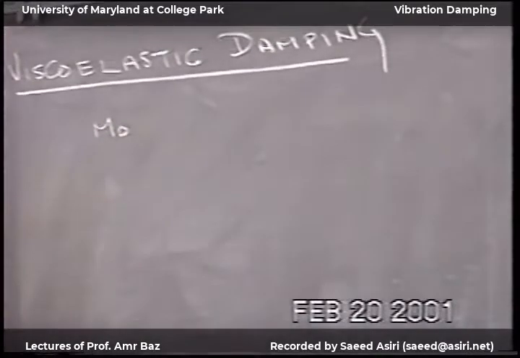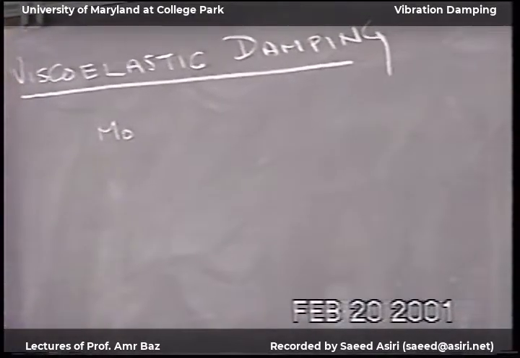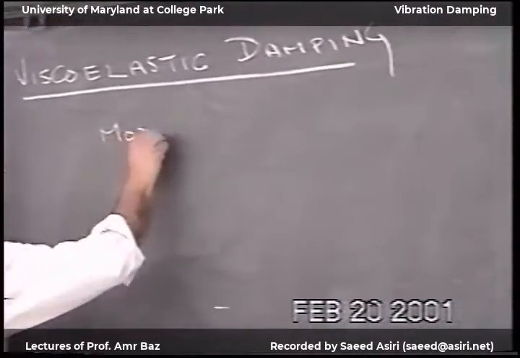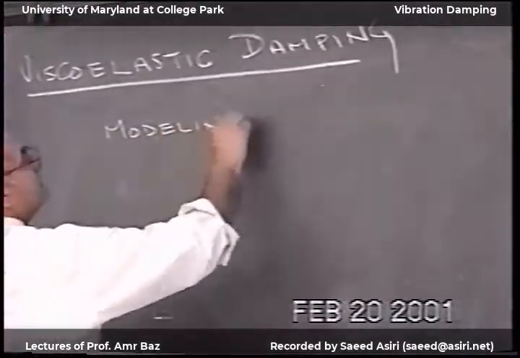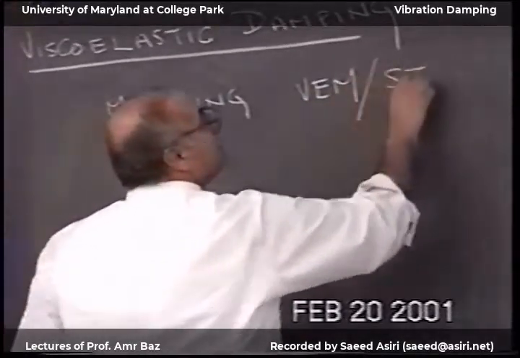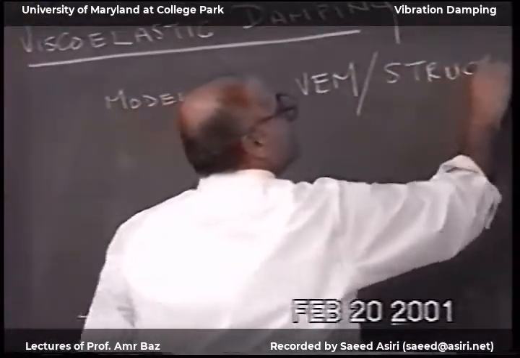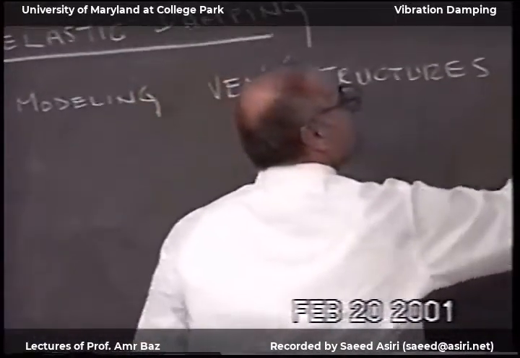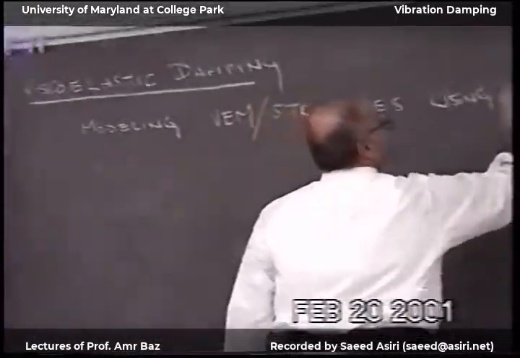For what we've done so far, we just modeled only the viscoelastic material. Now we will model it with the structure: modeling viscoelastic material slash structure using the finite element method.